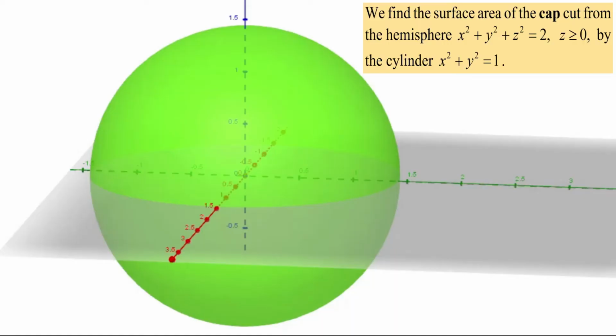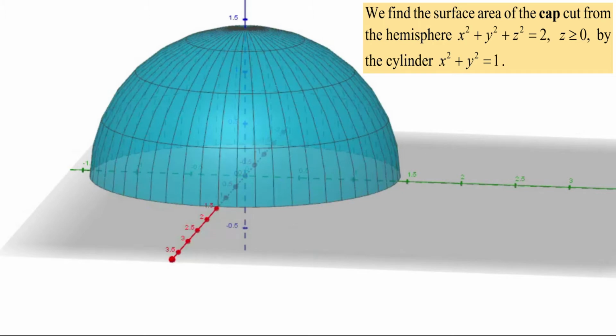We know that x square plus y square plus z square is equal to 2 simply represents a sphere having radius root 2 and centered at the origin 0, 0, 0. If we restrict z values to be greater than or equal to 0, then we get only the upper hemisphere, above the xy plane, and that is shown in the figure.